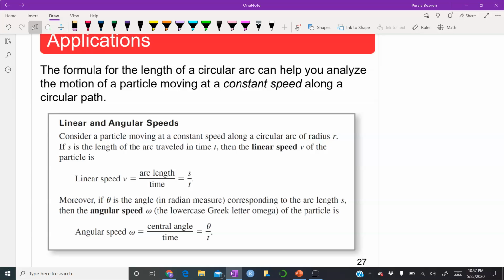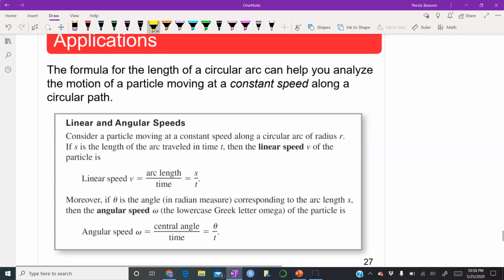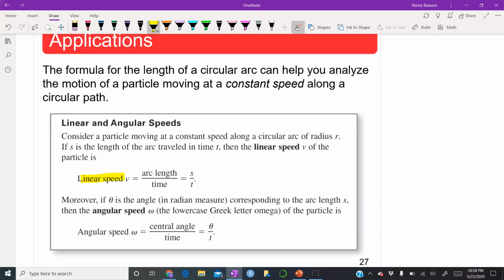If s is the length of the arc traveled in time t, then the linear speed, which we'll use v of the particle, and remember this is linear speed, is going to be the same as the arc length divided by time. And that's what we have here.